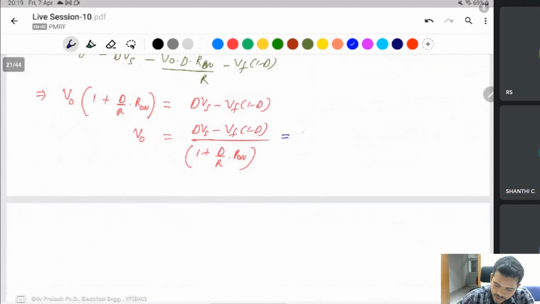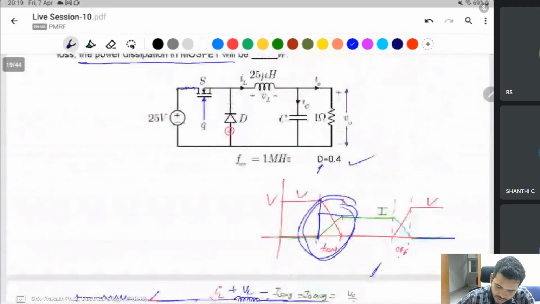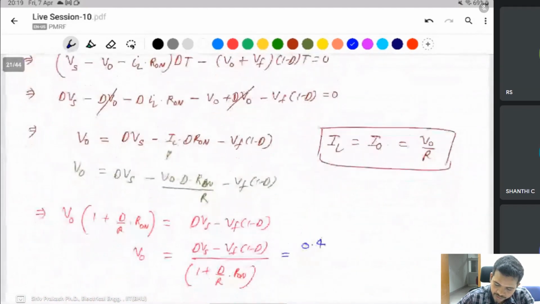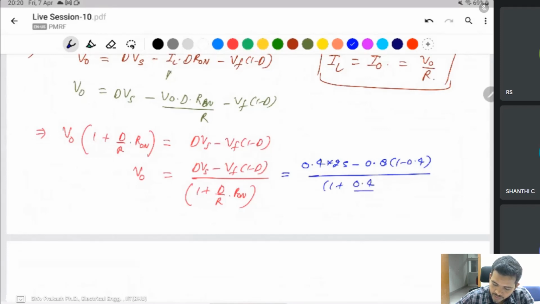Vs is 25. So V naught equals (0.4 into 25 minus 0.8 into 1 minus 0.4) divided by (1 plus 0.4 into 40 milliohm divided by the 1 ohm resistance).